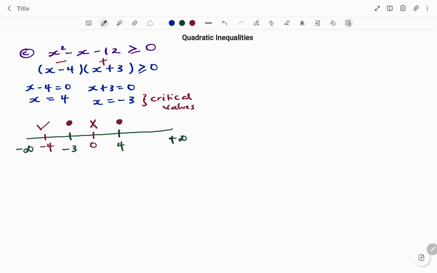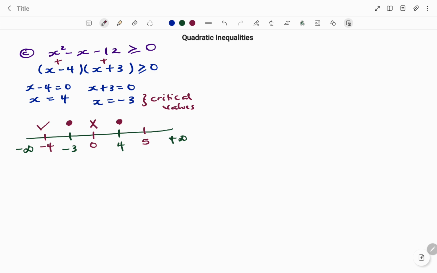The last step is to test a number greater than 4. Let's say I'm testing 5. Going back to my equation, if I use 5 in the first bracket, it will give me a positive value because 5 minus 4 is positive 1. Using 5 in the second bracket will also give me a positive value because 5 plus 3 is 8.